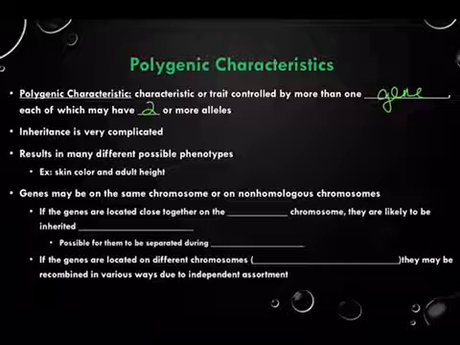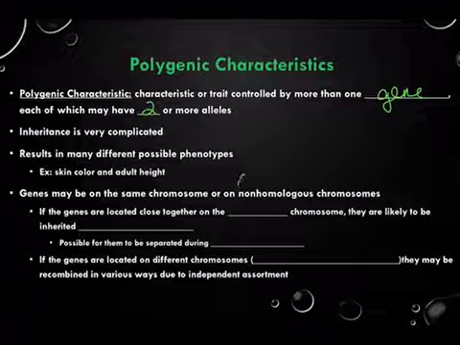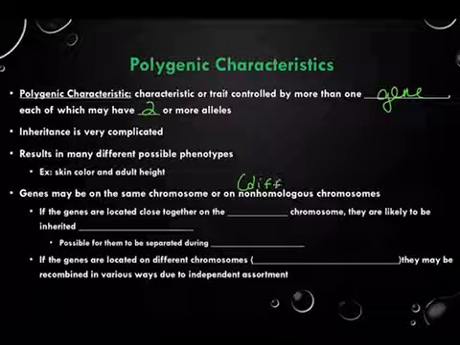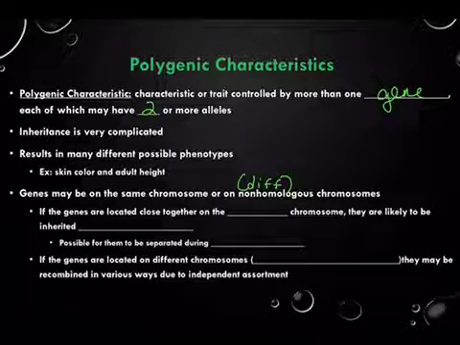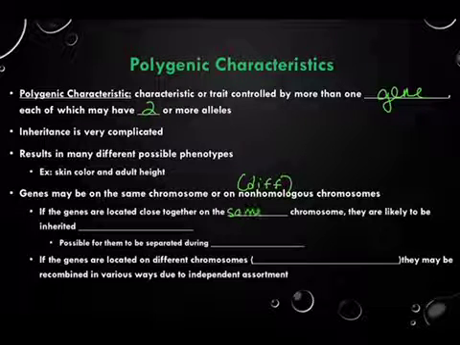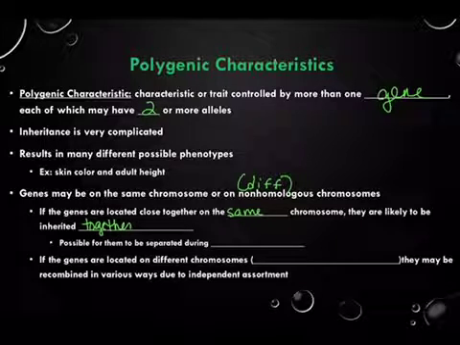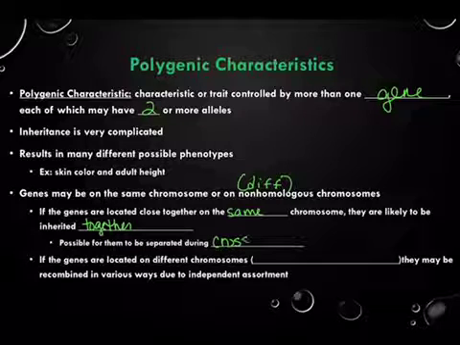With these polygenic characteristics, the genes can be on the same chromosome, or they can be on non-homologous or different chromosomes. If the genes are located close together on the same chromosome, they are likely to be inherited together. However, it is possible for them to be separated during crossing over.